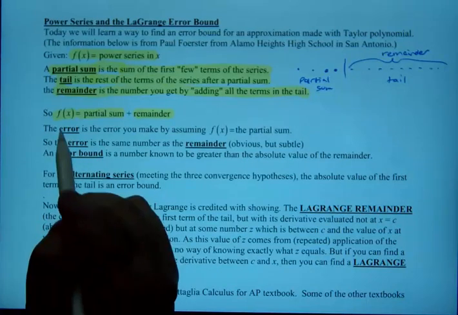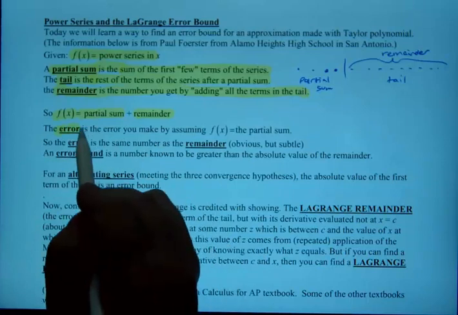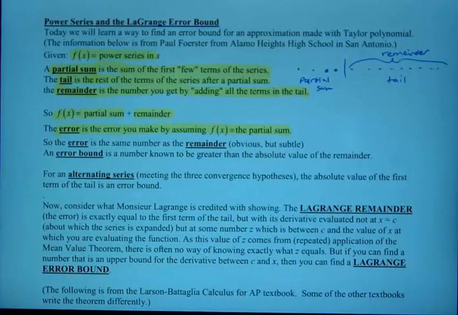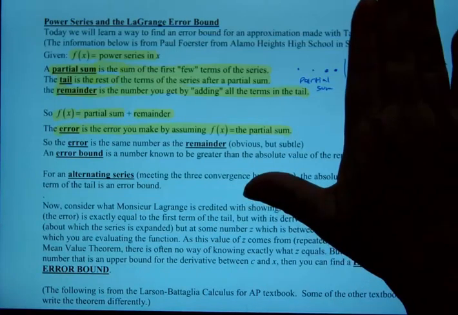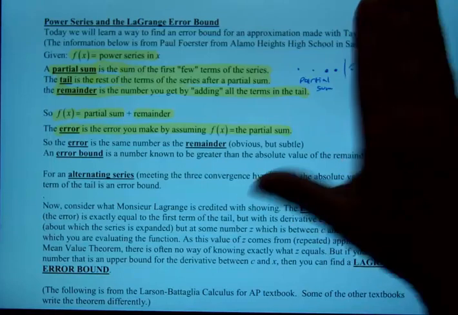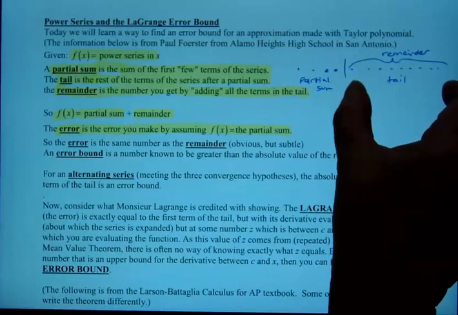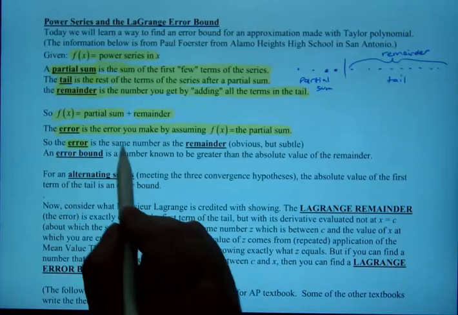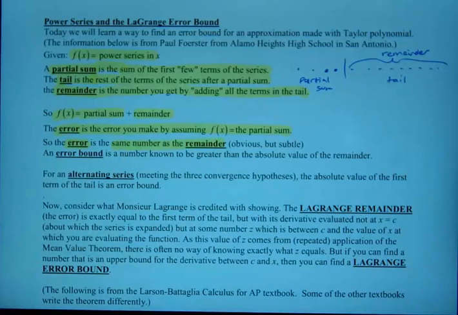All right? The error is the error you make by assuming that the answer is just the partial sum part. If you choose to stop right there, you're not going to have the true answer. You're going to have an estimate. And the error is the error you make by saying, oh, that's the answer. No, it's not the answer because you left off all of this. Okay? So the error is the same number as the remainder. Does that make sense?